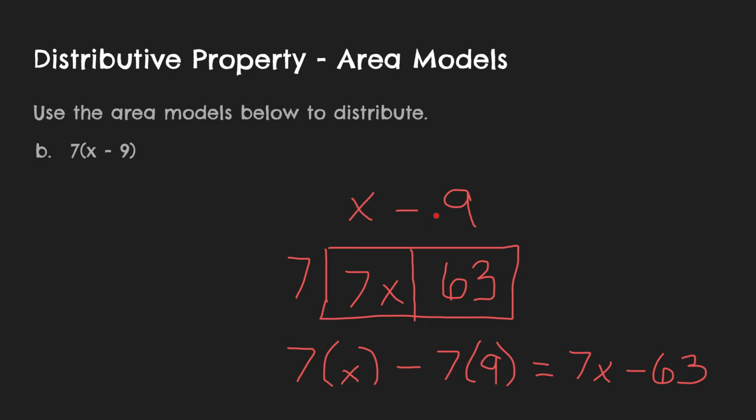Notice I just kept this sign. So I kept it all the way throughout. Okay? We distributed that 7. And when I say distributed, another way to think of it is I'm taking that 7 and I'm multiplying it times x, and then I'm taking that 7 and I'm multiplying it times 9. All right. I think we got 2 good examples. Why don't you try one and see how you do?